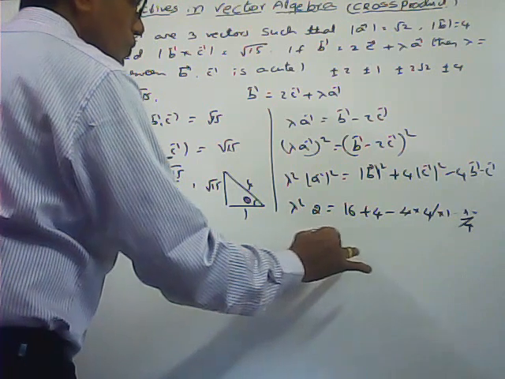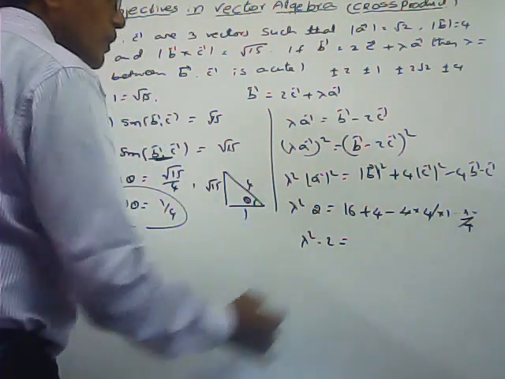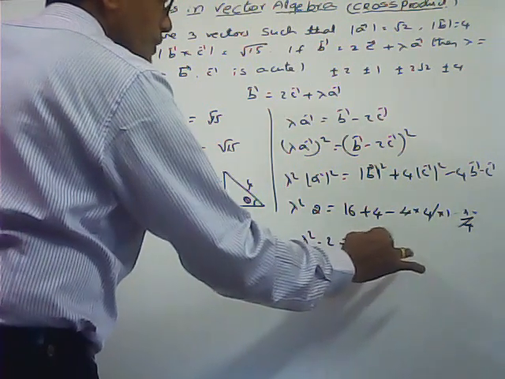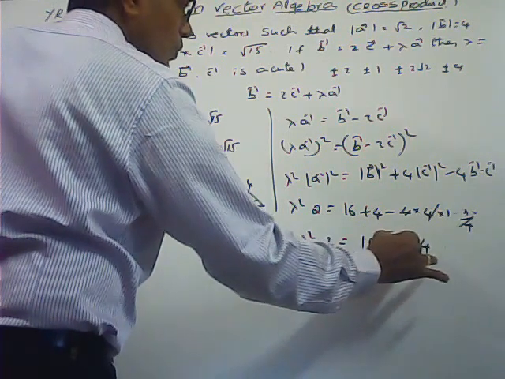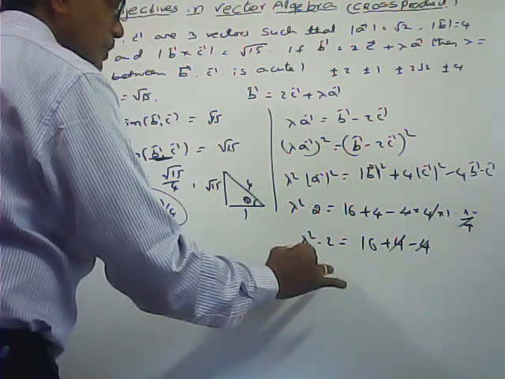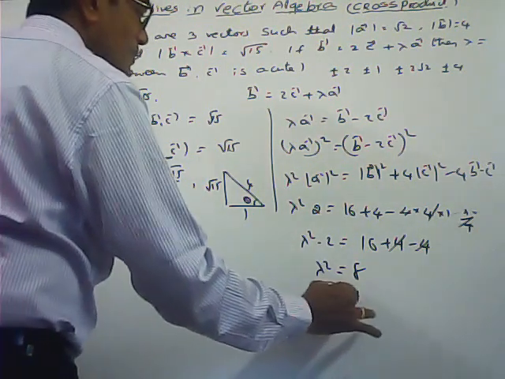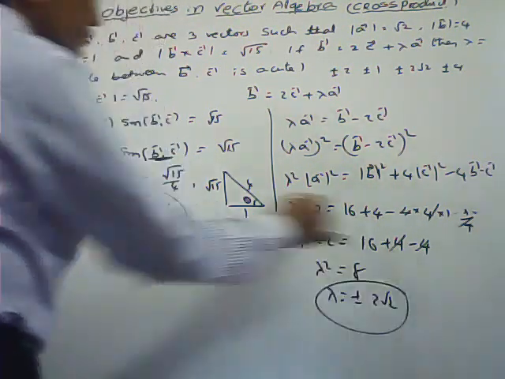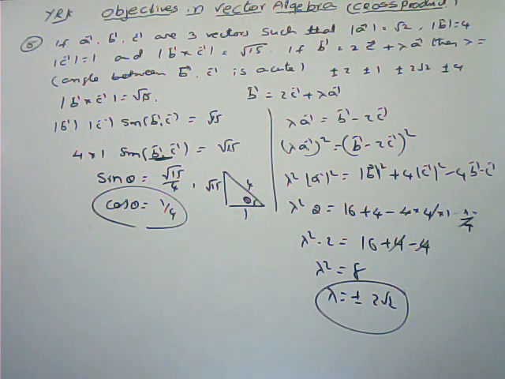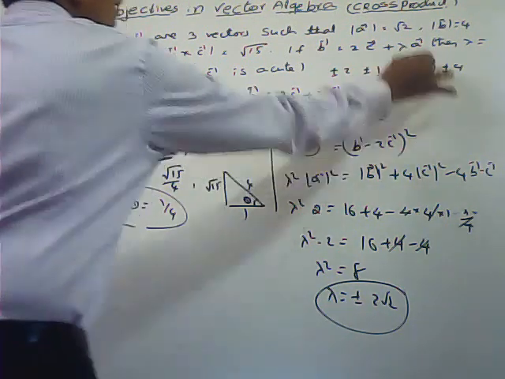Lambda square into 2 equals 16 plus 4 minus 4. These two get cancelled. Lambda square is equal to 8, so lambda is plus or minus 2 root 2. So the answer is lambda equals plus or minus 2 root 2, the third option.